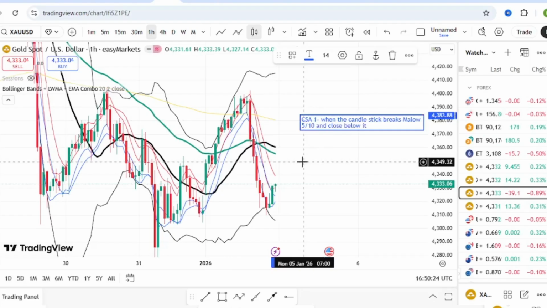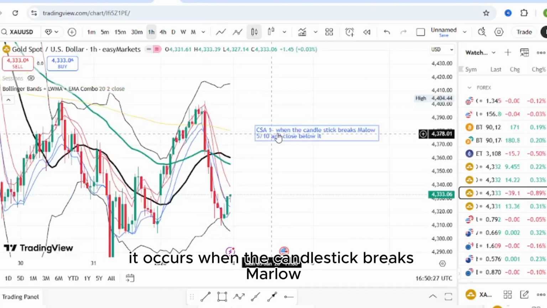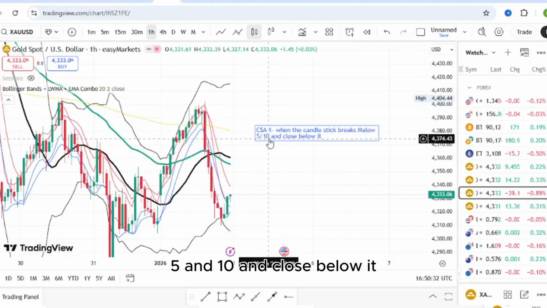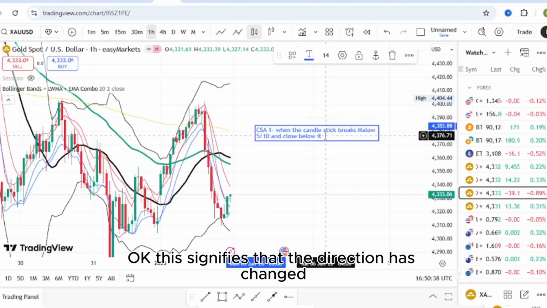Okay, that's CSA1. It occurs when the candlestick breaks Malo 5 and 10 and closes below it. This signifies that the direction has changed.